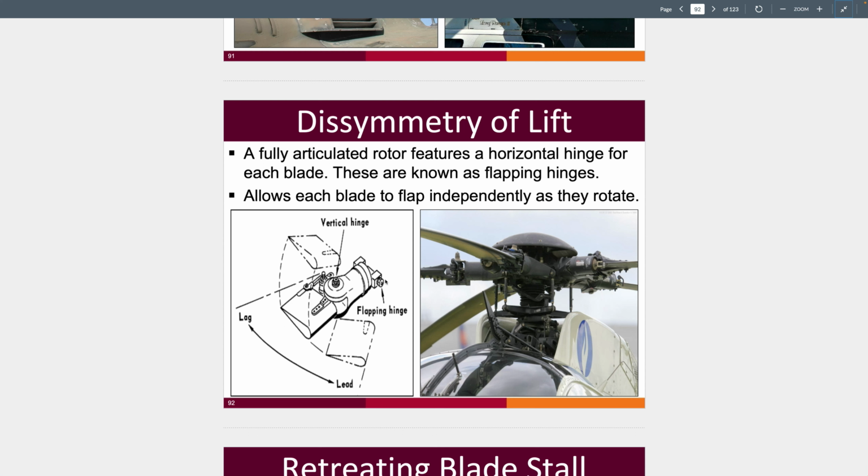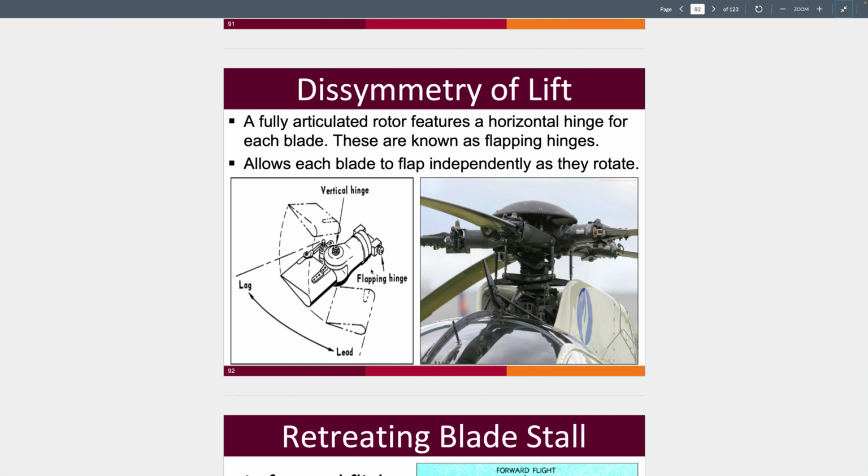It's closer to the center of the hub and allows the blade to effectively move up or down, and that's what we call blade flapping. In a fully articulated rotor system, blades can lead lag. Obviously, blades can feather, which is changing the pitch, but the blades, most importantly, are able to flap individually, distinctively, separately from the other blades.